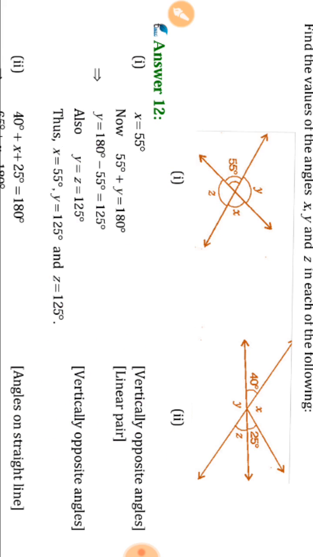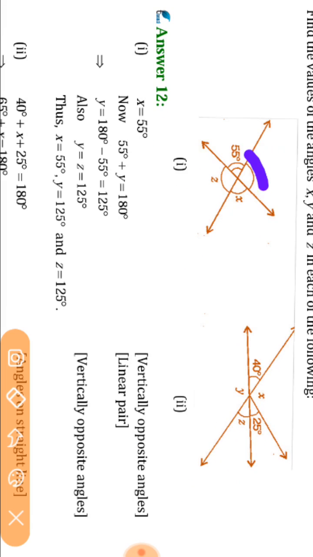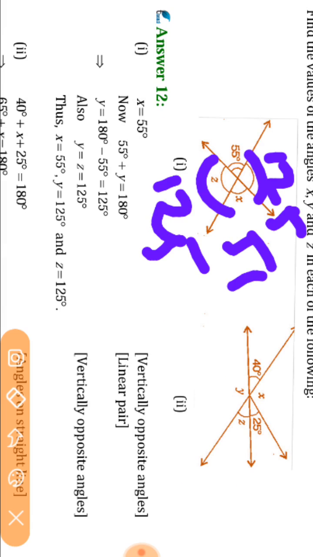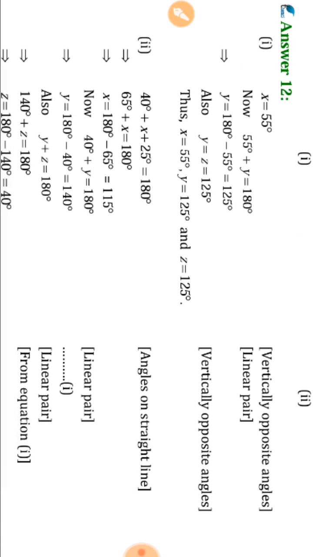Then Y is vertically opposite to Z, both are equal, so Z is also 125. Understood? So this is a vertically opposite angle. These are the steps. Then go for the next one.